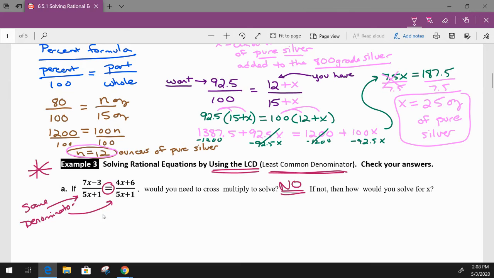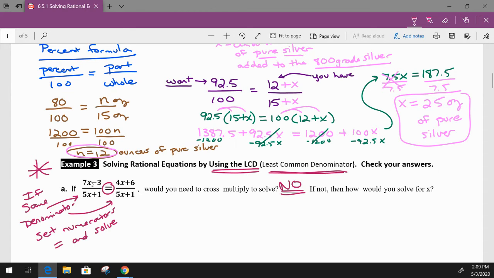What's nice about that least common denominator thing is that once you have a least common denominator in your equation, you can then eliminate the denominator. You don't need it anymore. So if you have the same denominators, then you just set the numerators equal to each other and solve.